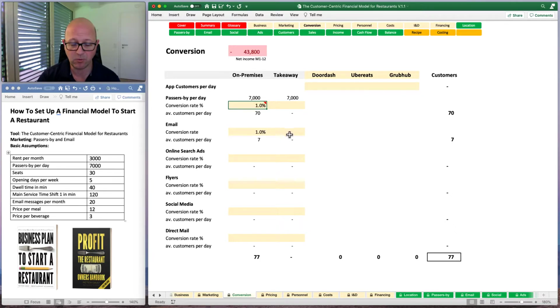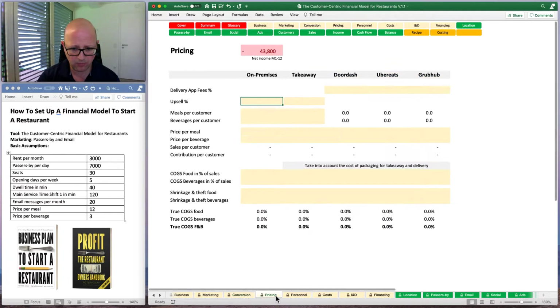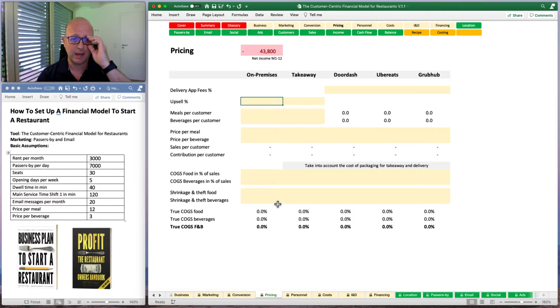And that's just for the beginning. Okay, so far for conversion, we move on to our next assumption sheet, and that's pricing. And we focus only on on-premises pricing for this example to keep it as simple as possible.